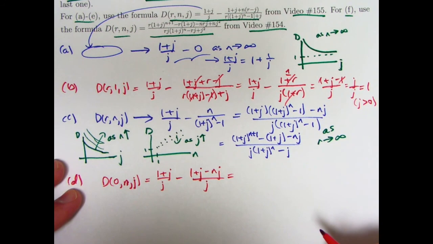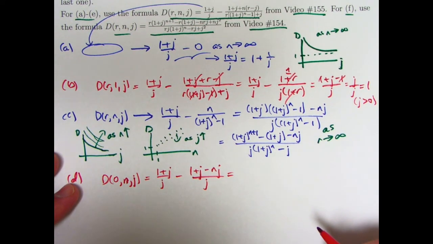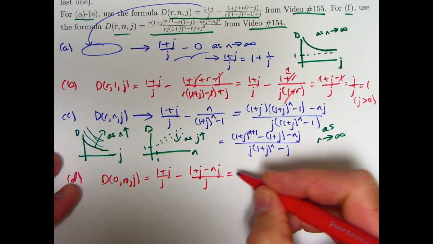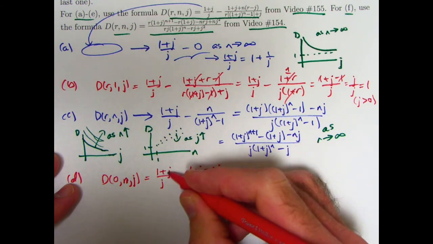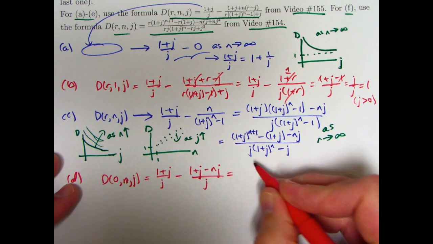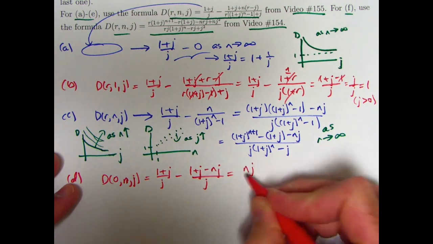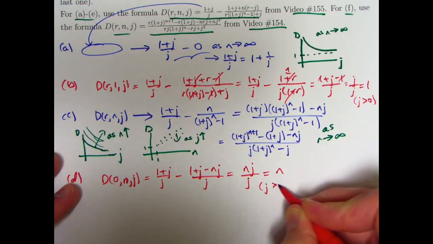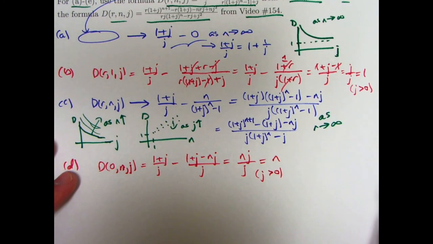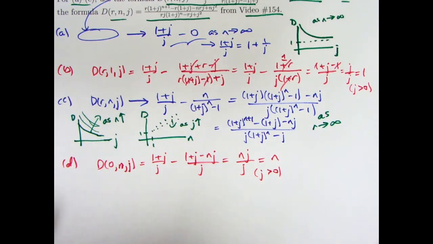Hopefully this all cancels to become n in the end. Yeah, if you subtract these fractions, the 1 will cancel with the 1 there, the j will cancel with the j there, the two minus signs cancel, leaving you with nj on top divided by j, which is n. J is positive here, we're not dividing by 0. Just like we predicted. This makes financial sense.